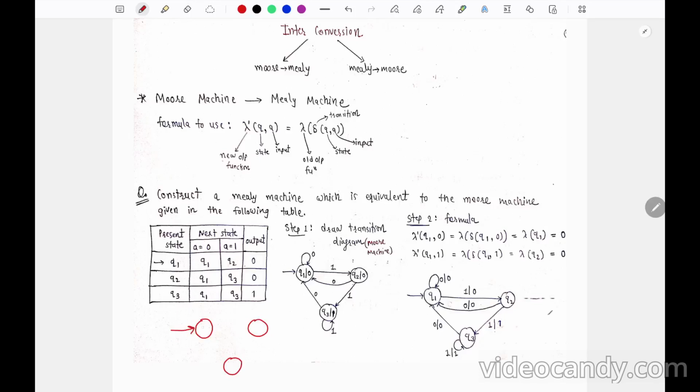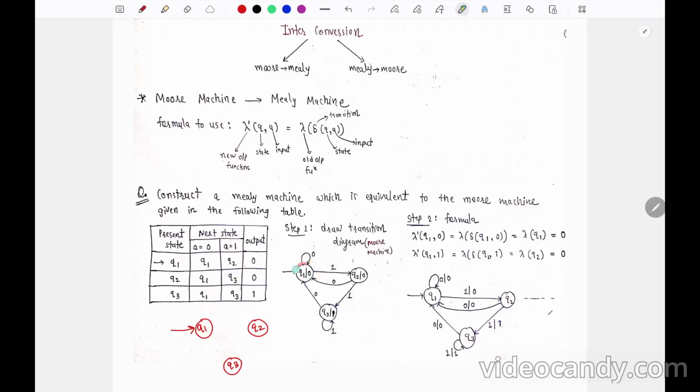Here, we do not have to write the output beside each state because we are converting it into a Mealy machine, and a Mealy machine does not contain the output inside the state. It contains the output on the transitions. So first we write each state Q1, Q2 and Q3. Now we will look at the transition diagram of Moore, and from this we will write the Mealy machine transition diagram.